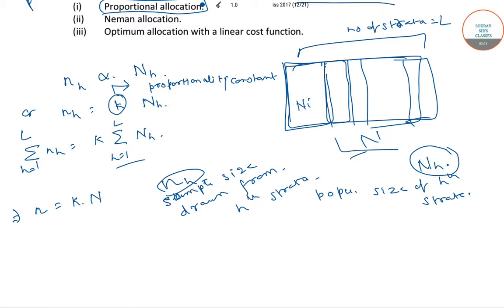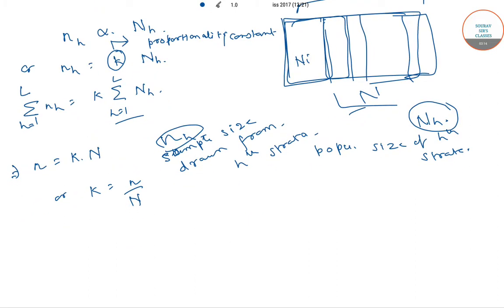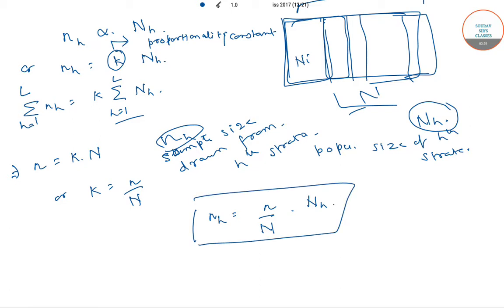So small n is equal to k into capital N, or k is equal to small n by capital N. So we have nh equal to small n by capital N into capital NH.